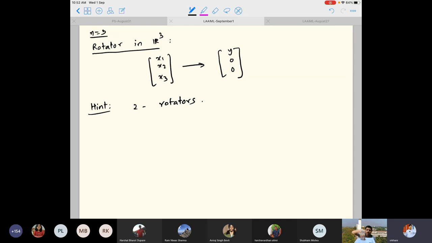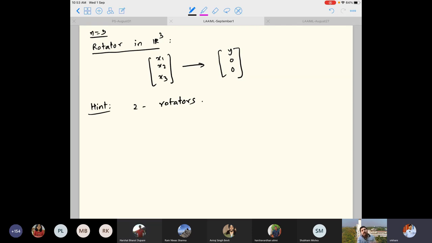Then what you are saying is to rotate in the xy plane, keeping z as is, like this. By this rotation, what will you be able to achieve? You will be able to achieve a zero entry in the second coordinate. Is that what you mean, Harshal? Yes.